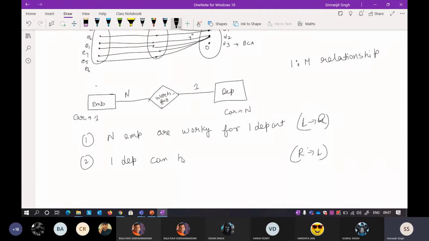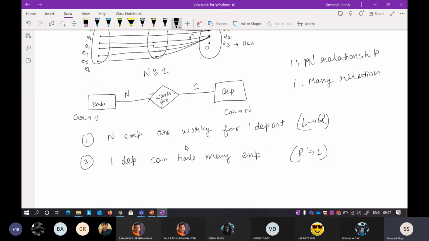Keep that in mind, the cardinality works like this. The cardinality ratio referred to here is n to 1. So this is a 1 to n relationship. Sorry, you can use n or you can use m, there is no problem. So this is a one to many relationship.